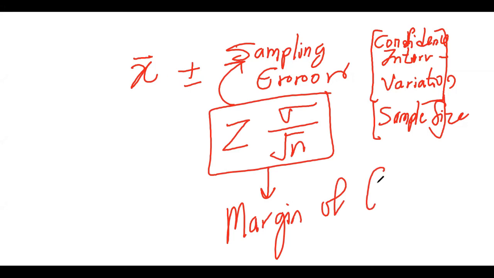Now how do we define this margin of error? Let's say I pick a sample and find that the average salary is 9 lakhs. I want to know what the salary of the population should be. Somewhere the population salary lies between 9 plus or minus the margin of error.